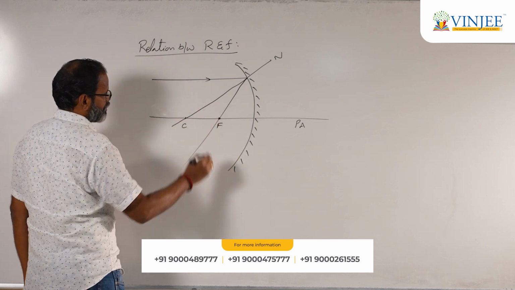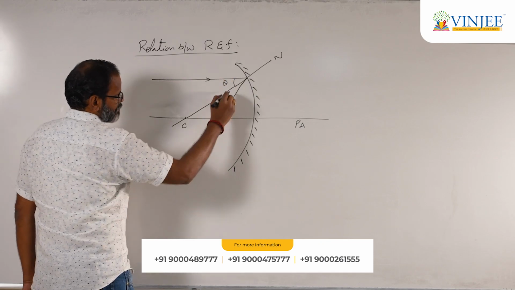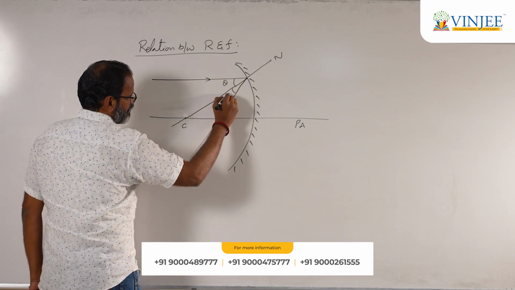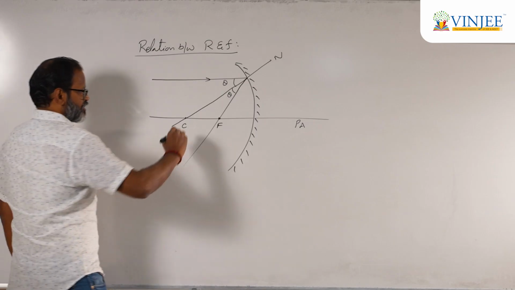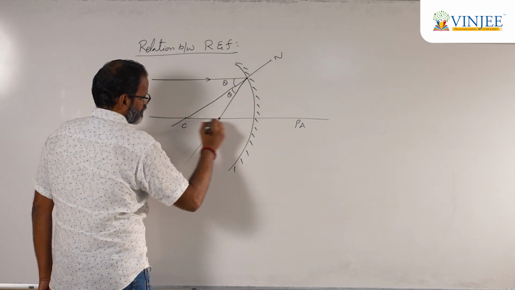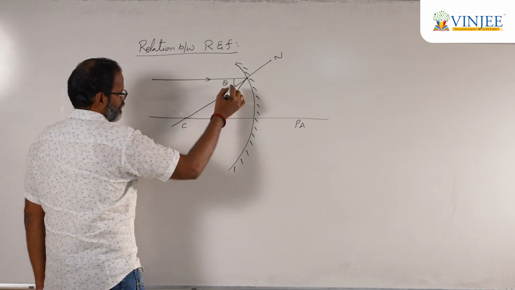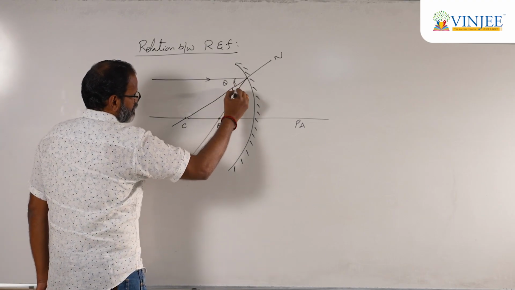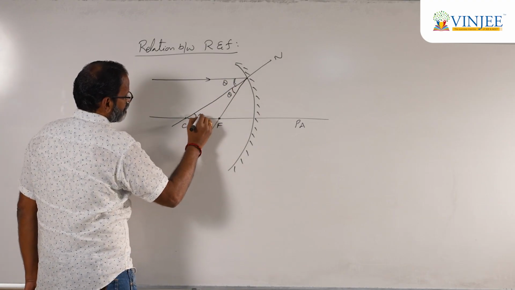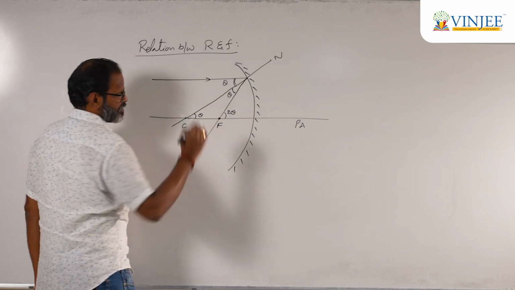This is the condition. So let us suppose this angle is theta, the angle of incidence. This is the angle of reflection, which is also equal to theta. Now this is the radius of curvature, and this is the radius of curvature. This angle is theta, here it is theta, and this angle is 2 theta.